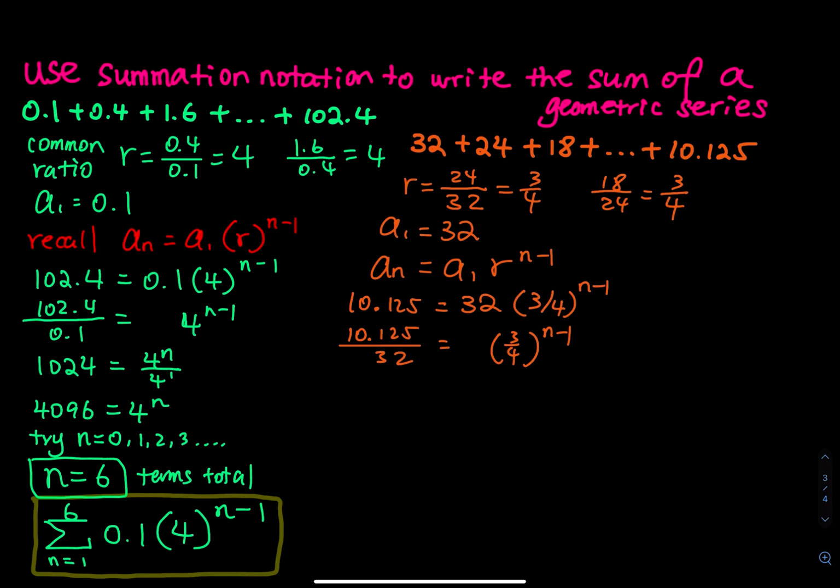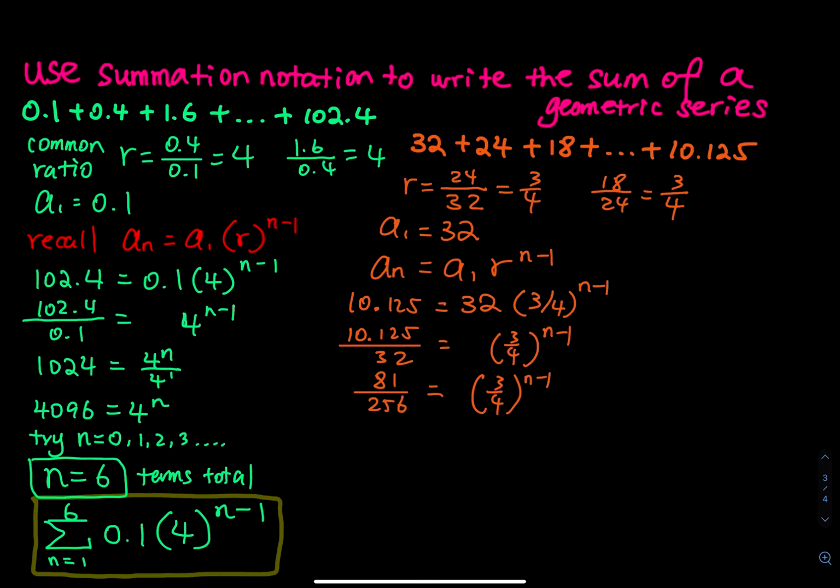Next step is hit the math key. I talked about that in the previous video. Hit the math key in your graphing calculator, and do you see that there is a FRAC and then an arrow? Click that, click enter. So that should put ANS and then FRAC, and you will put the answer back to a fraction, which is 81 divided by 256 equals 3/4 raised to the n minus 1.